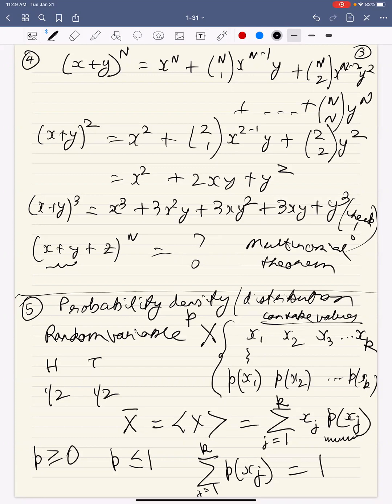So we'll spend a lot of time in StatMech deriving probability distributions and then manipulating them to calculate all sorts of quantities. And I don't think anything else is really needed from a probability distribution for a discrete random variable. So what I showed you over here is a discrete random variable because it can take discrete values, x1, x2, x3, till xk.